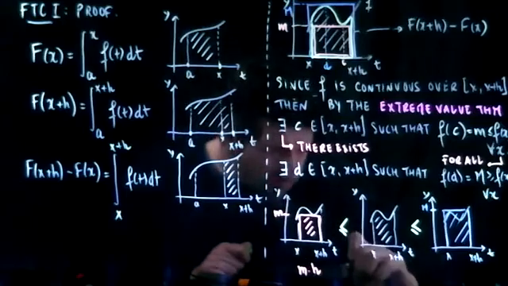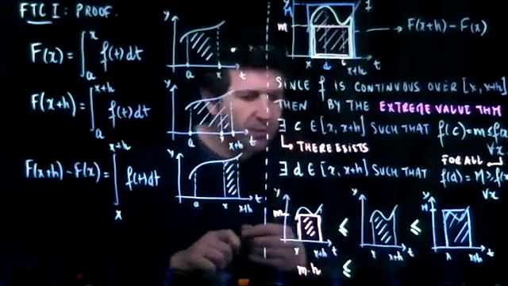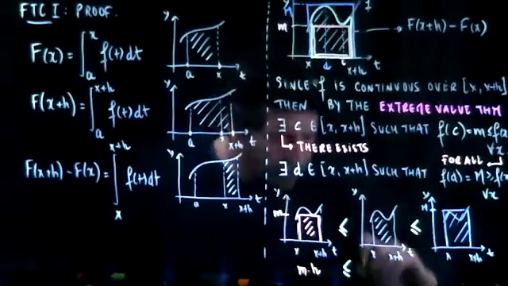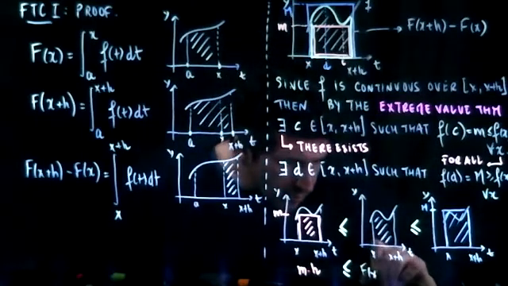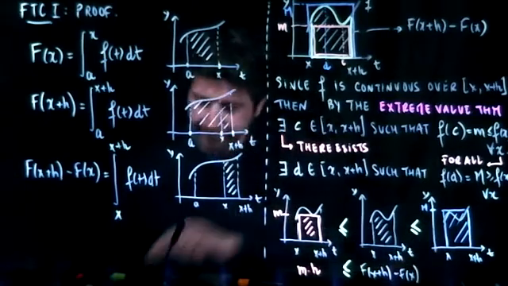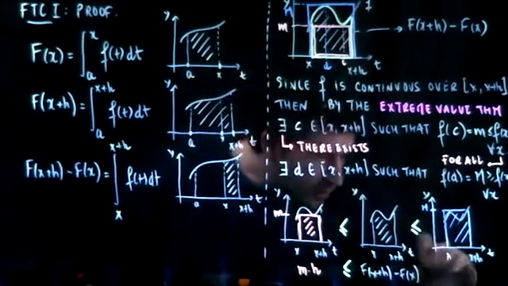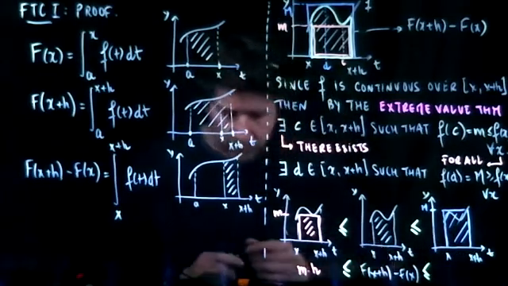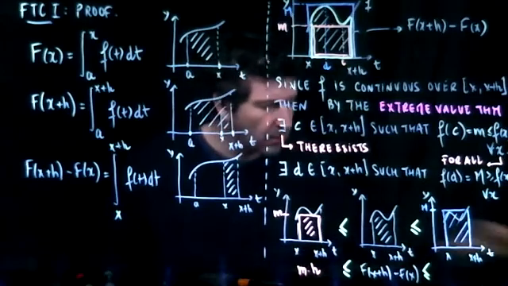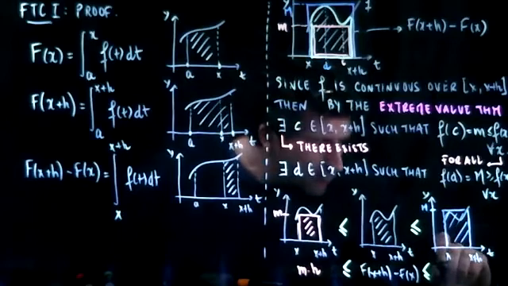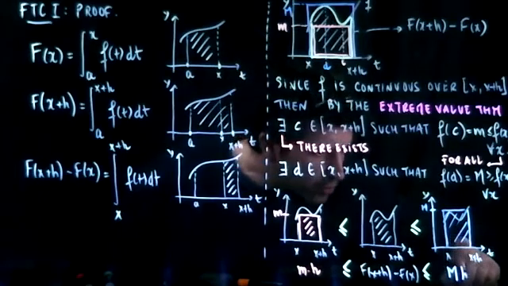This is smaller than or equal to this area, which we said was f of x plus h minus f of x. And this is smaller than or equal to, what's this area? Big M times h. Yeah, big M times h.